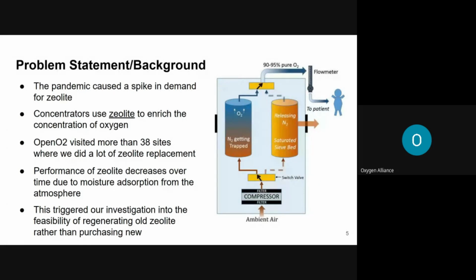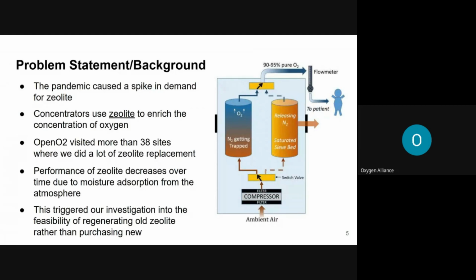Oxygen concentrators have been and continue to be the main source of oxygen in a lot of low and middle income countries. And as we might be aware, oxygen concentrators rely on zeolite to enrich the concentration of oxygen. With time, the performance of the zeolite decreases, and when this happens, the zeolite requires replacement.